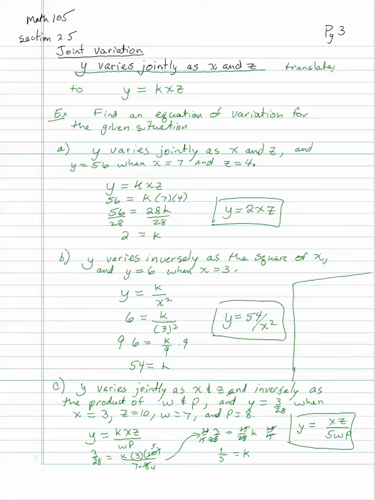So if I think of it as k, anything on top is multiplying, so I can pull that k out in front. If that's 1/5, I write it that way, and you can see that 1 times xz is just xz, and then 5wp would be on the bottom. Alright? So that's how I simplified that.